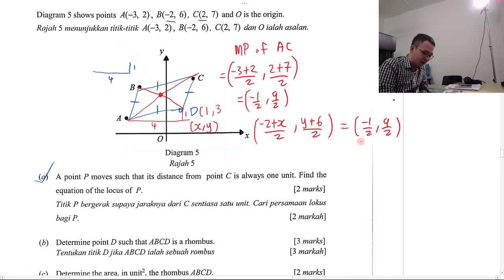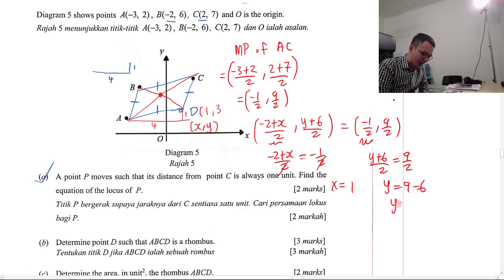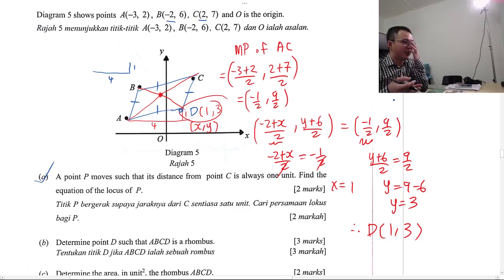So x equals x: negative 2 plus x over 2 equals negative 1 over 2, so x equals 1. Then we do the same for y: y plus 6 over 2 equals 9 over 2, then y equals 9 minus 6, so y equals 3. Therefore, my coordinate of D is 1, 3. So at the very beginning, I already got 1, 3, but I guess the teacher gives you 3 marks because they want you to do the working.